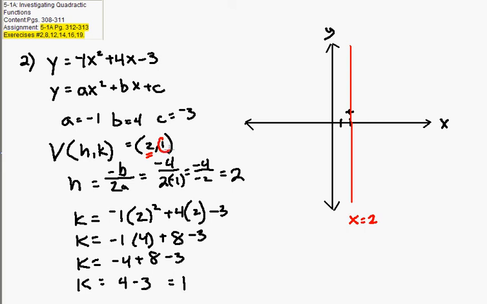This number, the 1, the y-coordinate, is the number that we use to describe our minimum or maximum. Now in this case, our a is negative. And with it being negative, we know that our parabola is a frown. It's going down. So our vertex, which is now the highest point in that parabola, is going to be a max.